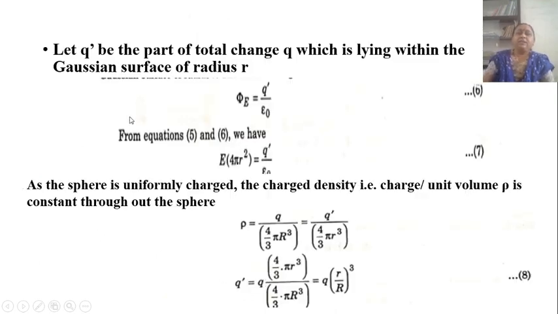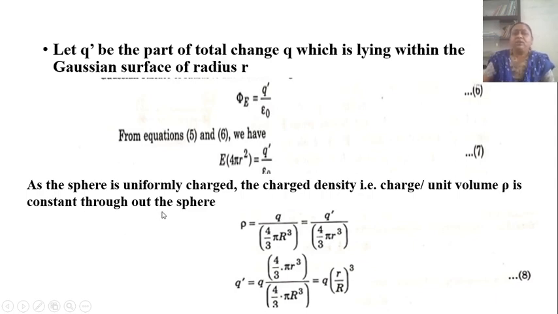Let q dash be the part of the total charge q which lies within the Gaussian surface of radius r. So phi equals q dash upon epsilon 0. From equations 5 and 6 we have E into 4 pi r square equal to q dash upon epsilon 0.